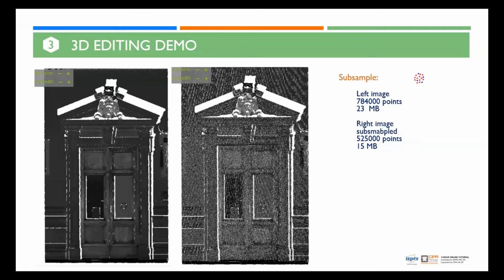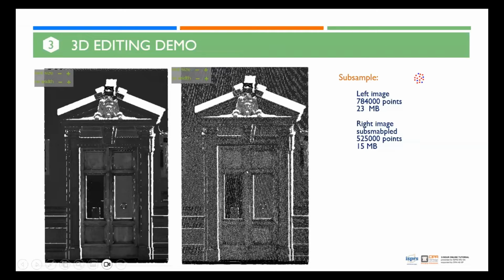Because if I start with a file, this one was really little, not such a high size, but with the subsample tool we can see that we still have good quality info.